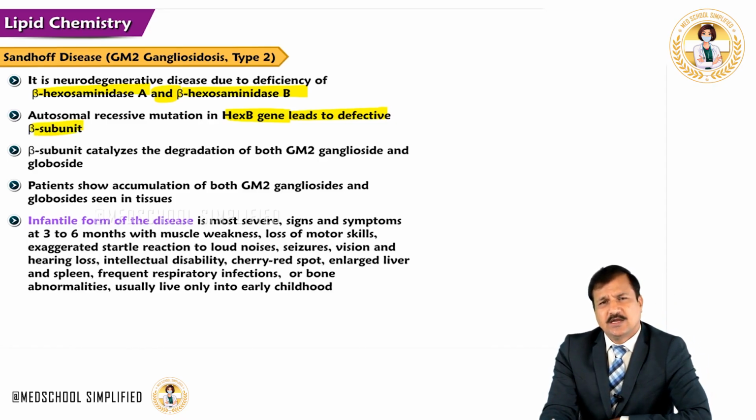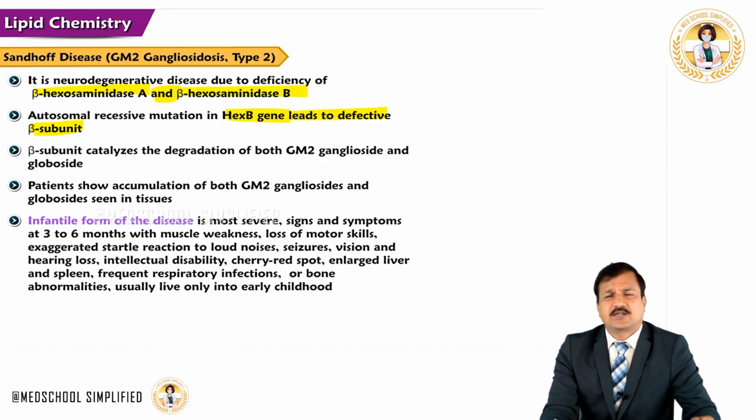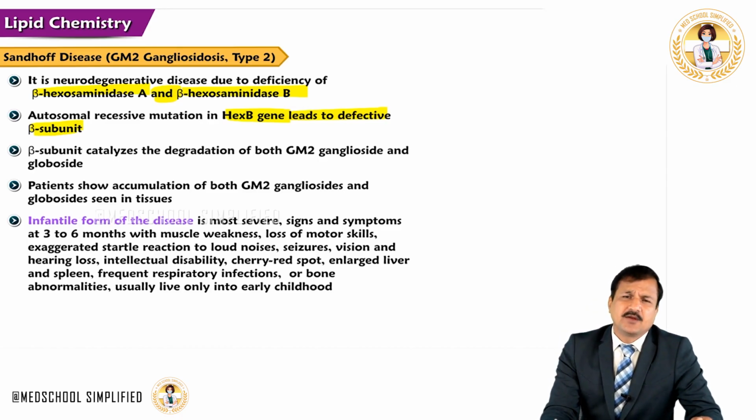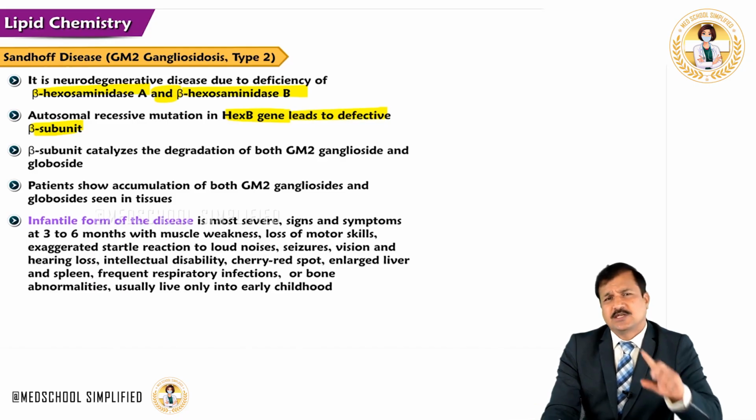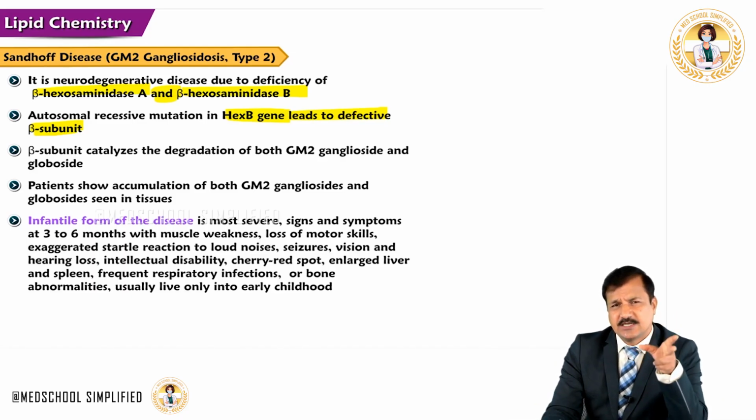Now when there is a mutation in the HEXB gene, which is a defect in the beta subunit, why are both the enzyme activities deficient here? Why is it affecting hexosaminidase A enzyme also? Because we have seen in Tay-Sachs disease, the HEXA gene is mutated, which codes for the alpha subunit, and there will be a decrease in the activity of only hexosaminidase A enzyme.